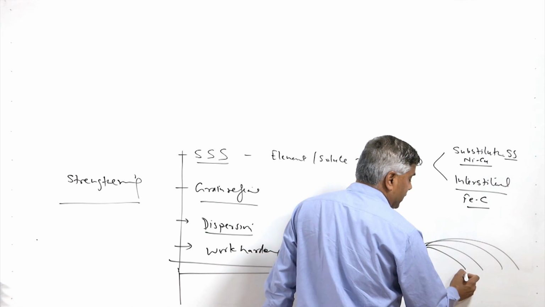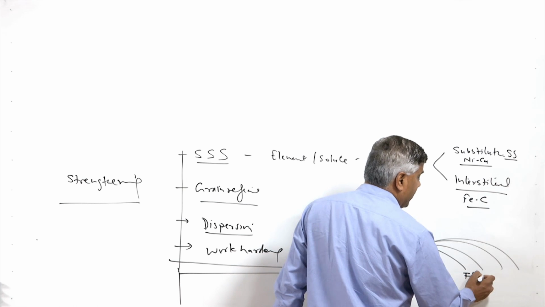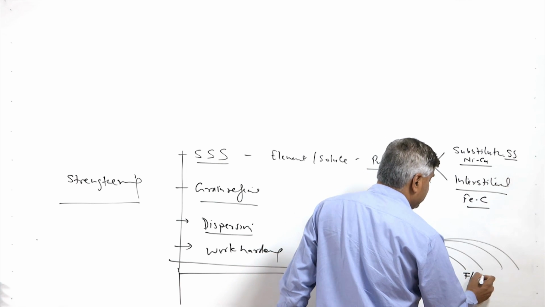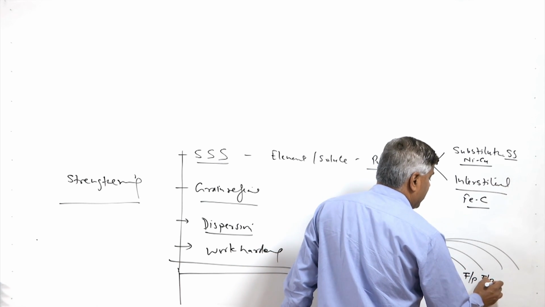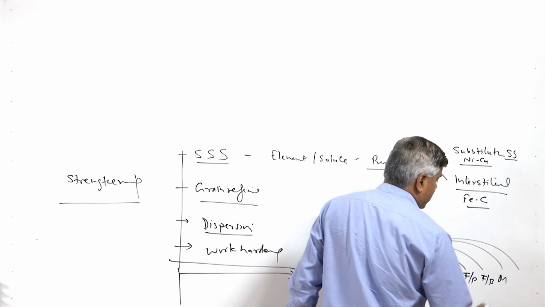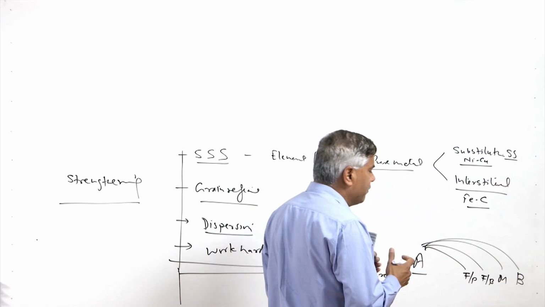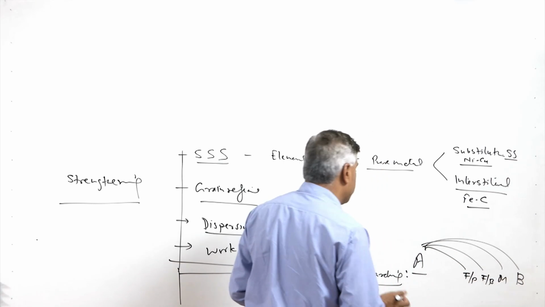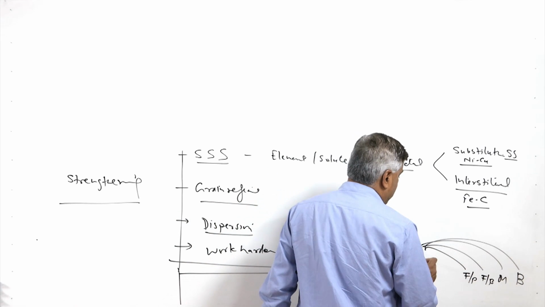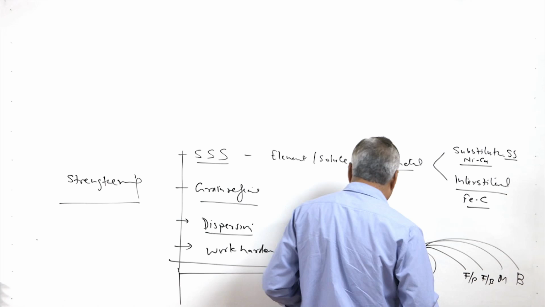It may lead to ferrite and pearlite, or ferrite, bainite, or martensite, or bainite only. So, a variety of constituent phases in different proportions are possible by controlling the cooling rates during the heat treatment.